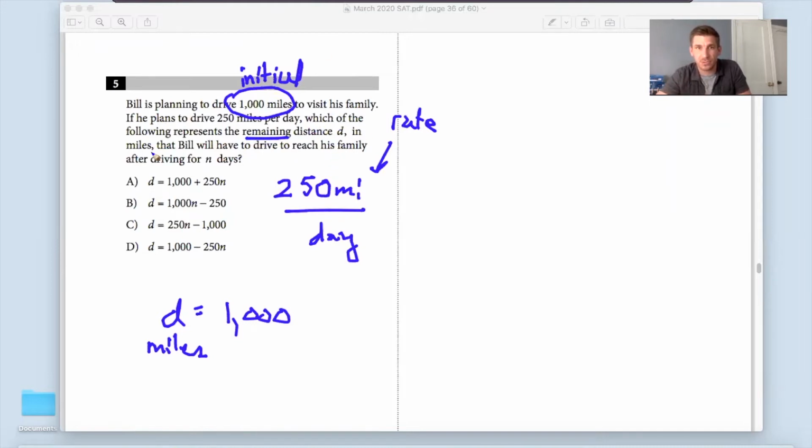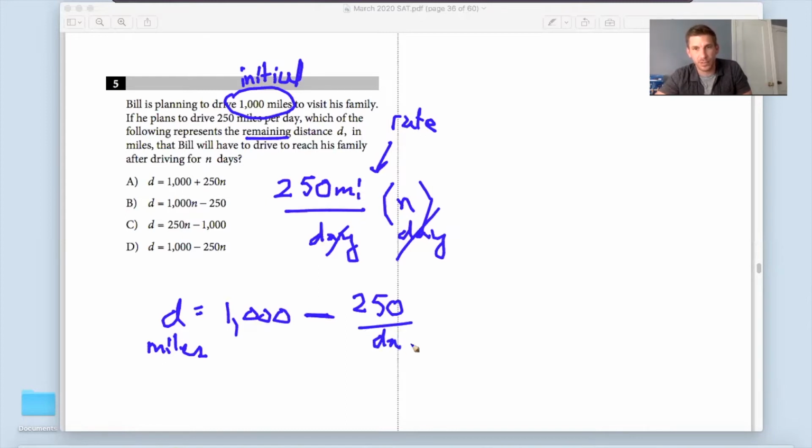He's been going to see his family, so in miles, that would be what he has to drive to reach his family after driving for n days. Well, n days means that it should be multiplied by the 250 miles per day, because then these will cancel, almost like unit conversion. So the minus is what signifies remaining. And then it's going to be 250, and it's really 250 miles per day.